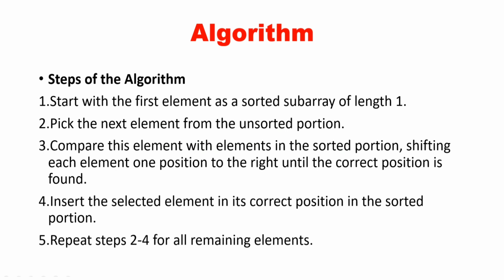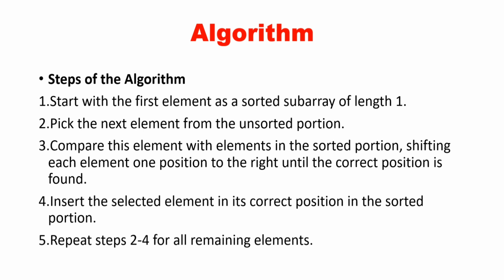Set the current element as the key. Compare the key with the elements in the sorted part of the array to its left, shifting each element one position to the right until the correct position is found.